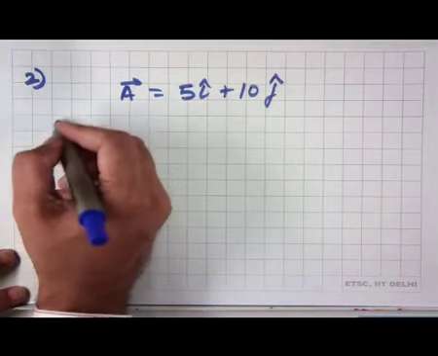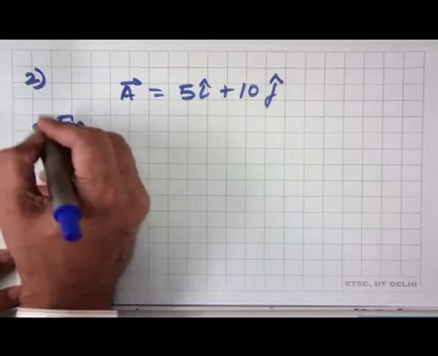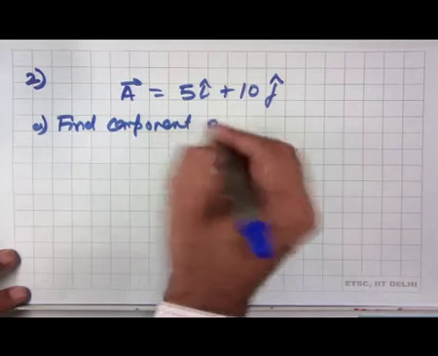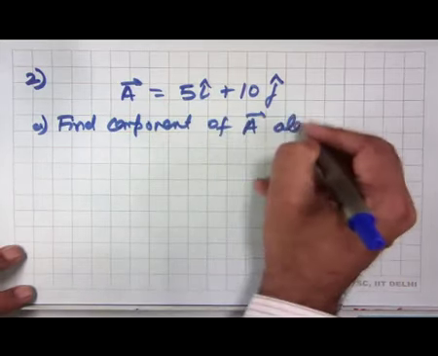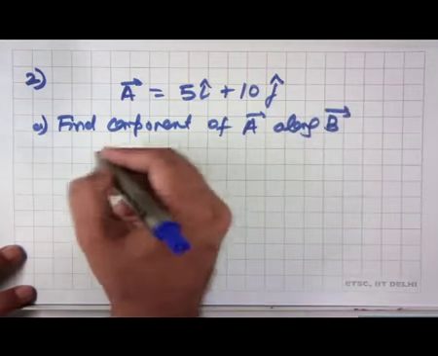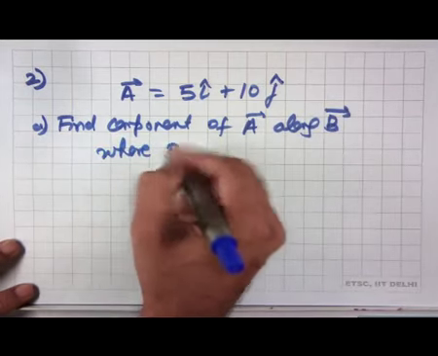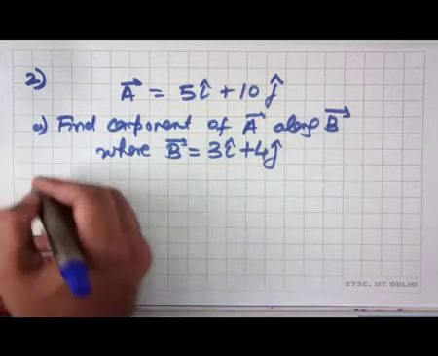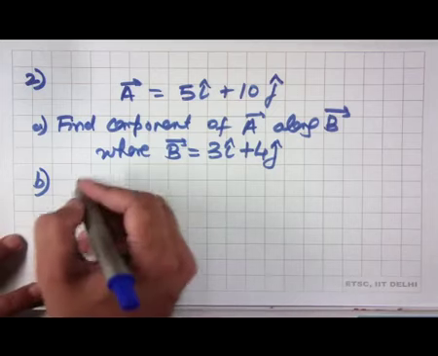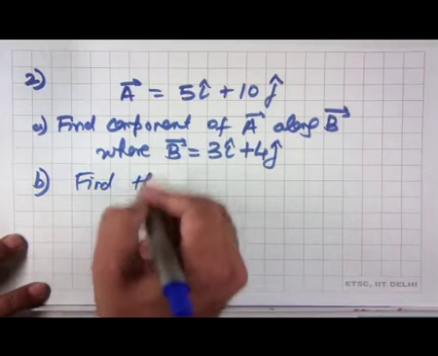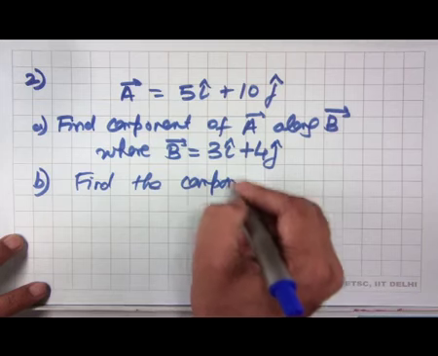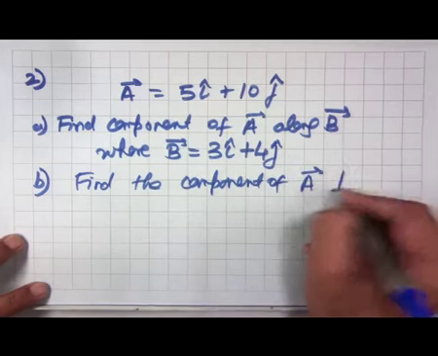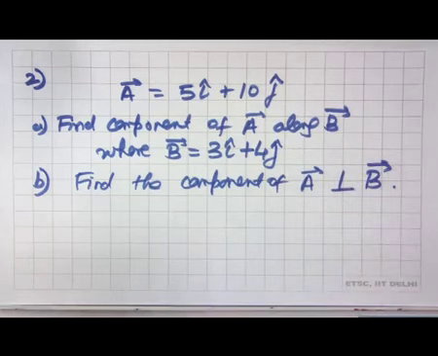Now, find the component of A along vector B, where B is equal to 3i plus 4j, and the second part says find the component of A perpendicular to the vector B.